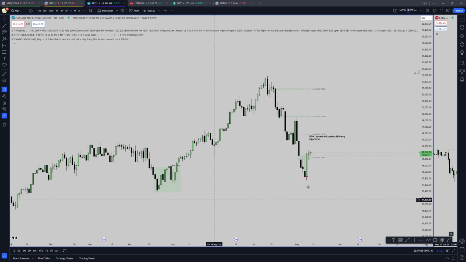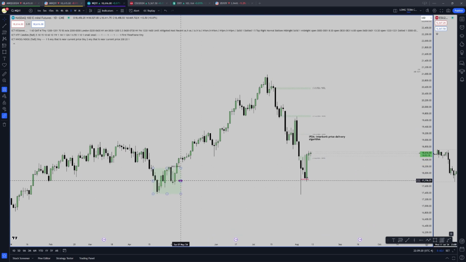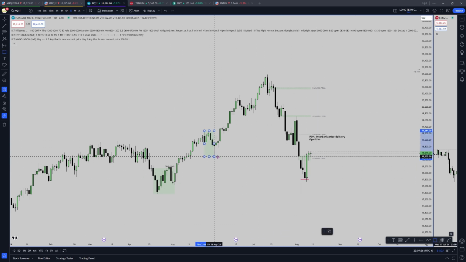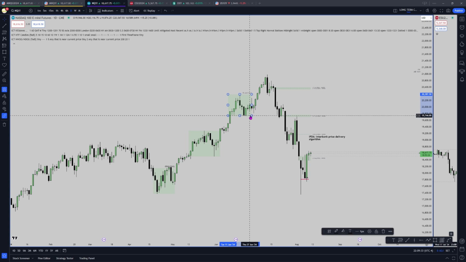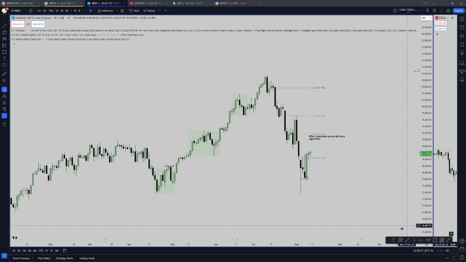This is how the markets move. The market maker models are the lifeblood of the markets. So original consolidation, accumulation 1, accumulation 2, and then we eventually reach the terminus of the market maker model up here, right? So this would be your smart money reversal.